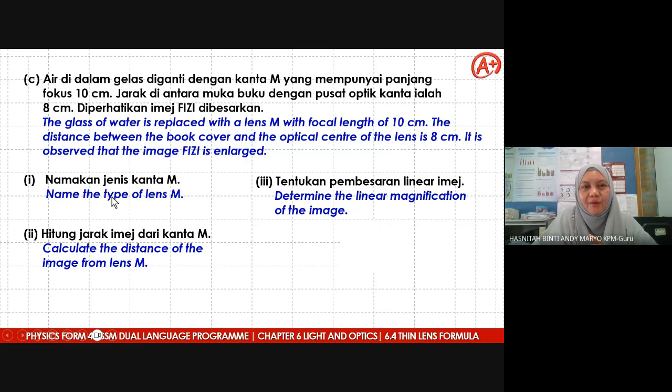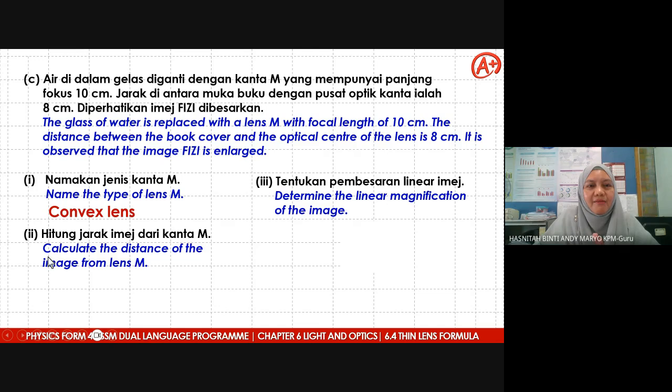If you are given this kind of question, remember the characteristics of the image for a concave lens: always virtual, always upright, always diminished. So lens M cannot be a concave lens, because it is written here that the image is enlarged. So lens M should be a convex lens.